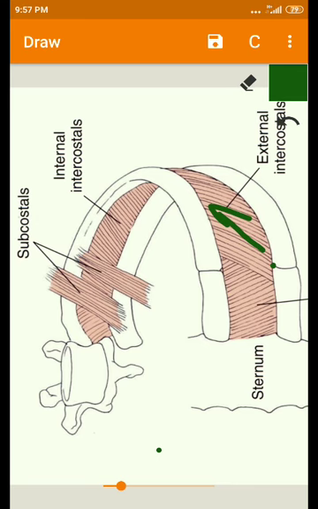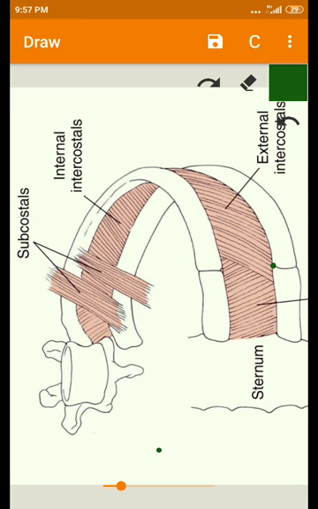If you see the internal intercostalis muscles, they will contract in this manner. So this helps in expiration. So like that they have explained in the previous debates.